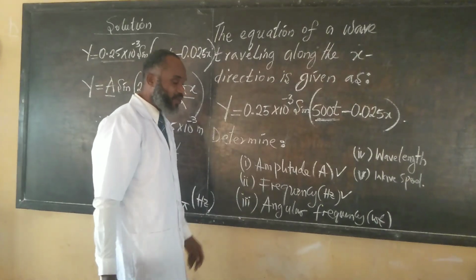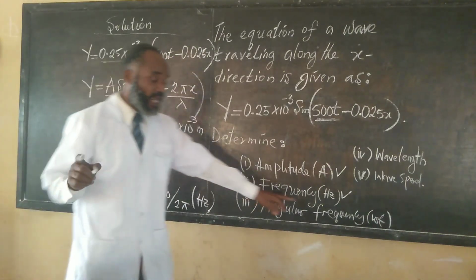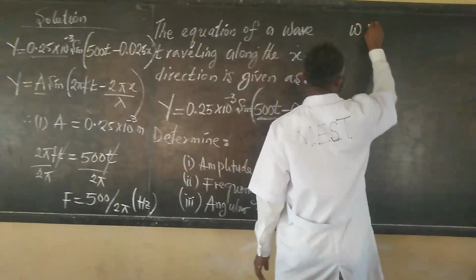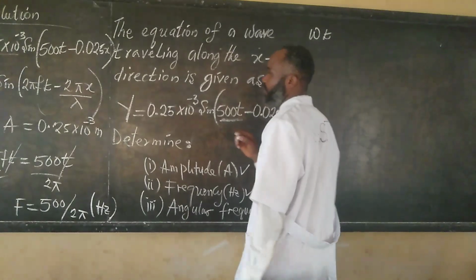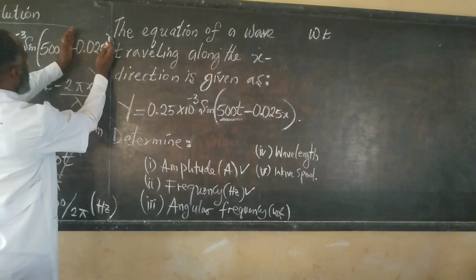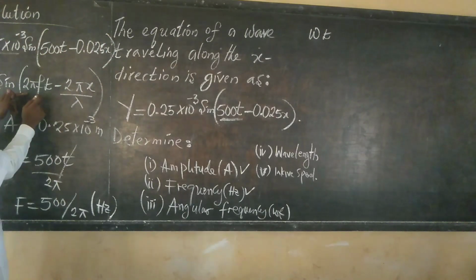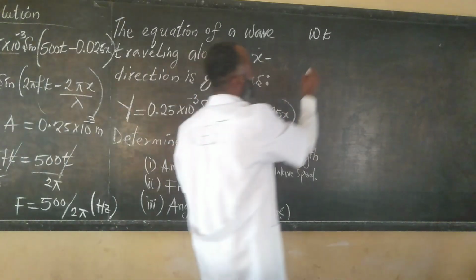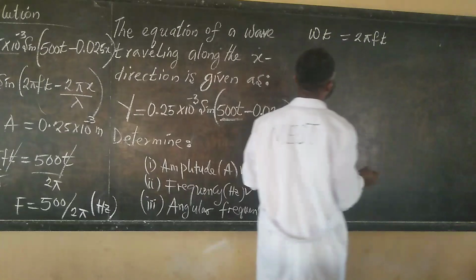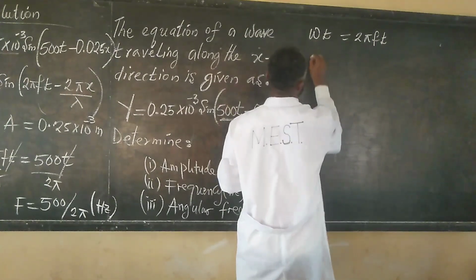The next one is the angular velocity, or angular frequency, so to say. Angular frequency is given as omega t, and we're going to compare with this, because this is where we have the angular frequency, which is given as 2 pi ft. It means that this 2 pi f represents this.